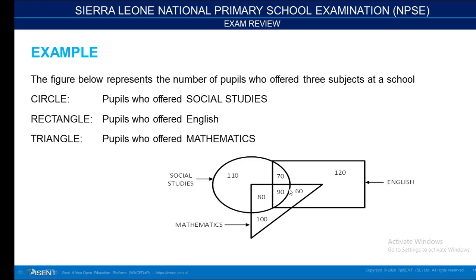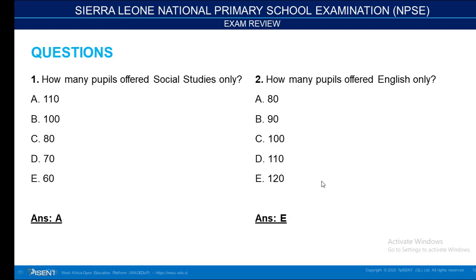And also 90 is found in the rectangle, but it is also found inside the circle and inside the triangle. So the only number that is found only in the rectangle is 120. So we look from our options which one has 120. That is E. E therefore becomes our correct answer for this. So you go to your answer book and shade E.